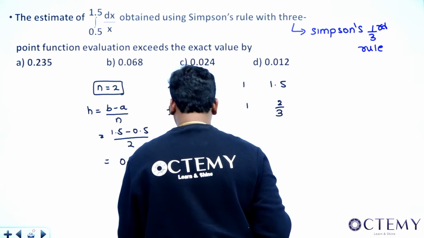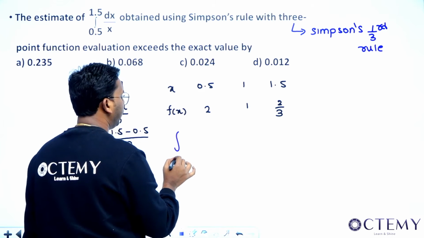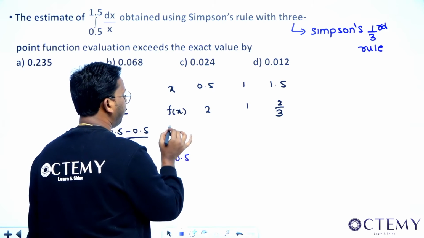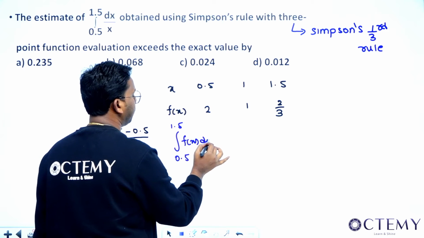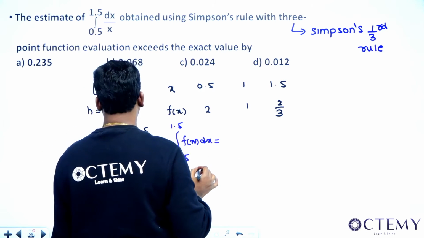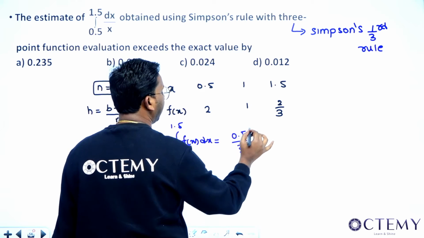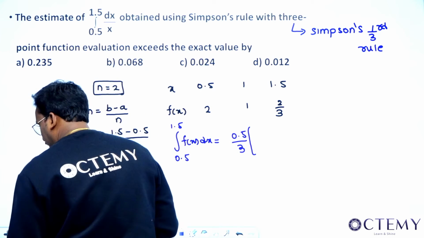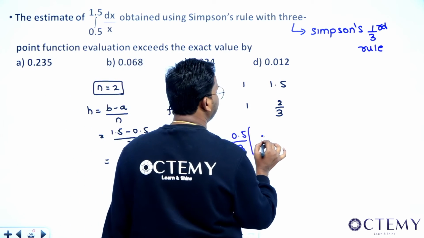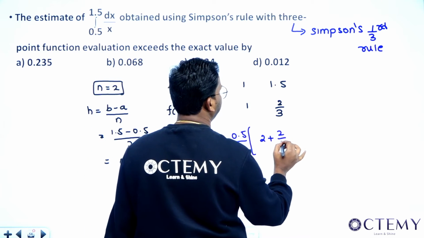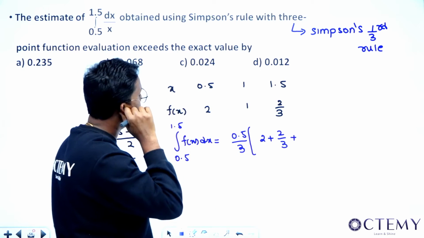Now you have to apply the 1/3 rule. So if you apply the 1/3 rule, your integral from 0.5 to 1.5 of f of x dx should be h by 3 times (y0 plus yn plus 4 times odd). H is how much? 0.5 divided by 3. So that is 2 plus 2 by 3, plus 4 times odd. What is the odd term there?